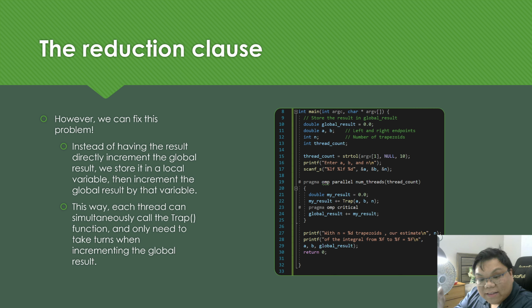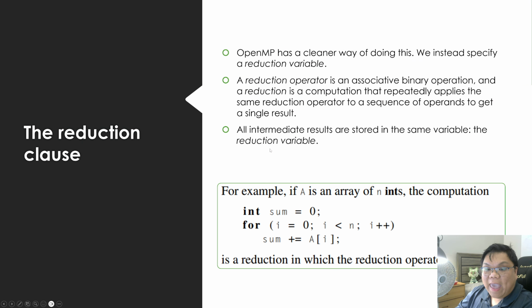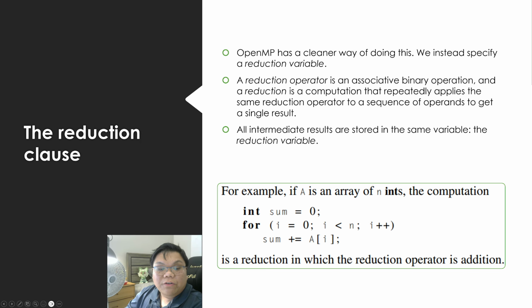So we can write our code this way as well. But OpenMP has yet another trick that we can use. Have you ever heard of a reduction operation and a reduction variable? Chances are you've seen this before, but you've never had it shown to you. A reduction operation is an associative binary operation, and a reduction is a computation in which we apply the same reduction operation over and over again to some reduction variable.